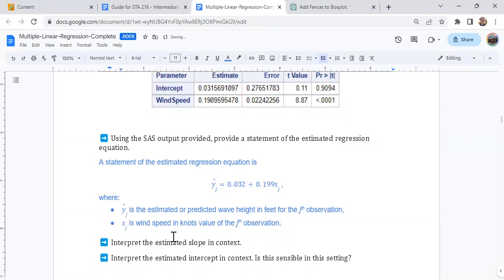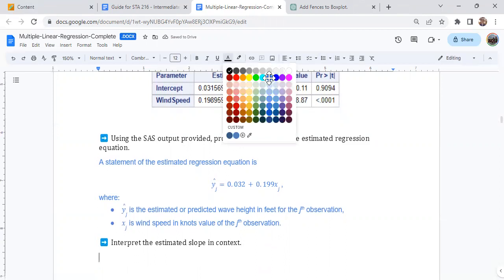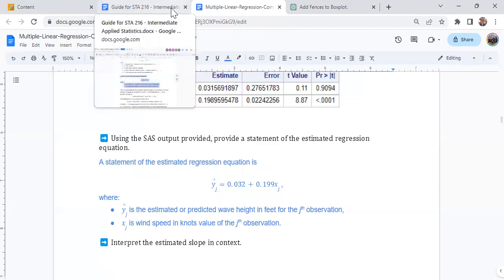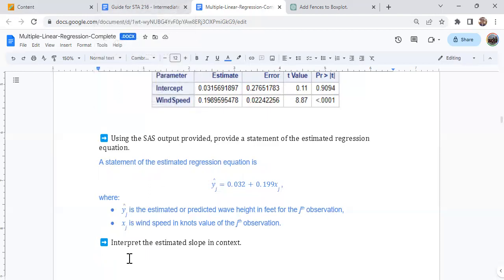So we're just starting off with a quick review of simple linear regression before we step into multiple linear regression, just to highlight some of the differences too, because they're actually very similar, but there are some subtle differences. And so, yeah, we have the blueprint interpretation for the slope in the guide document, but does anyone want to give a crack at how we could interpret the slope here?